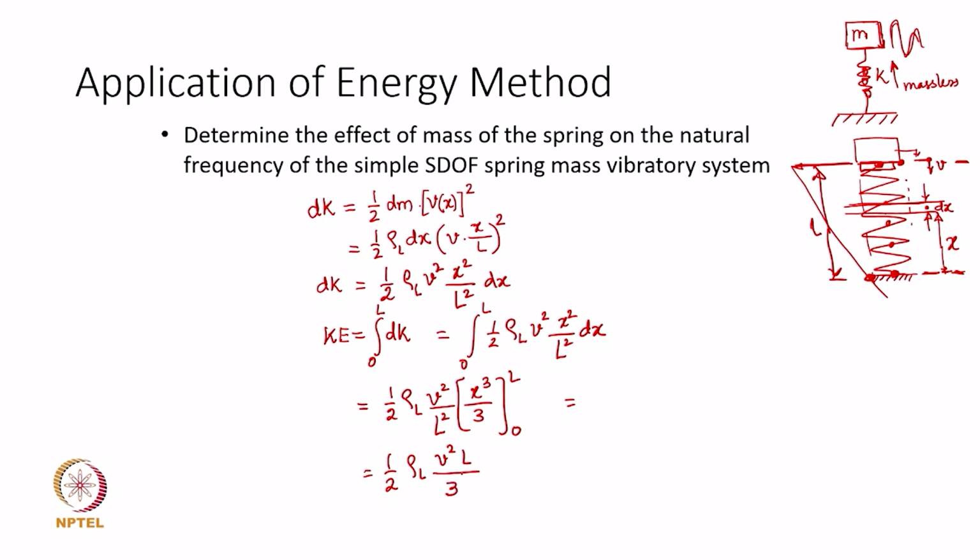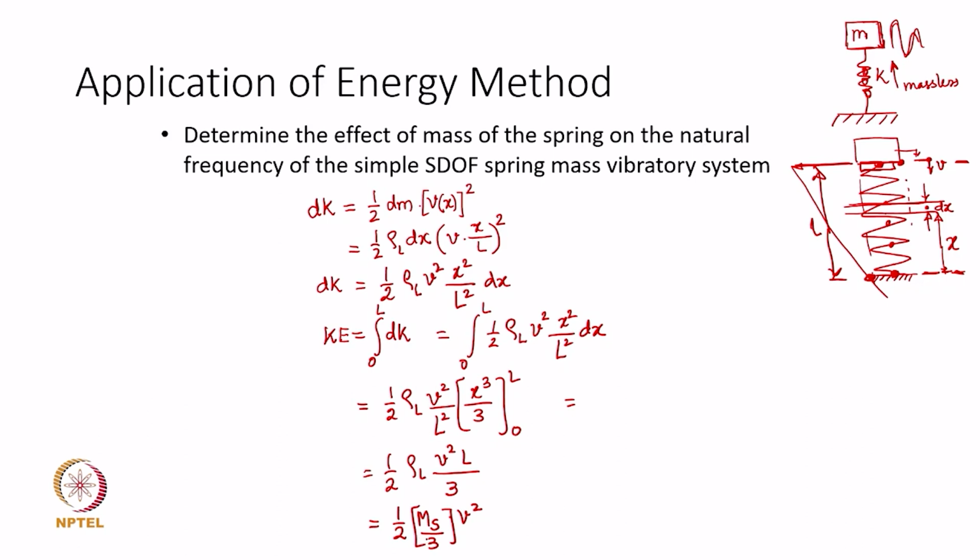So, rho L into L itself is what? The mass of the spring.